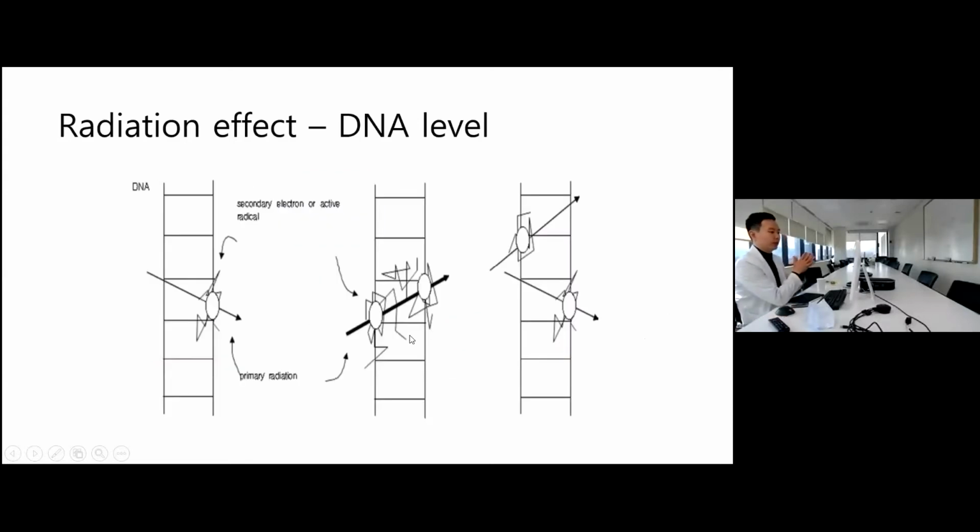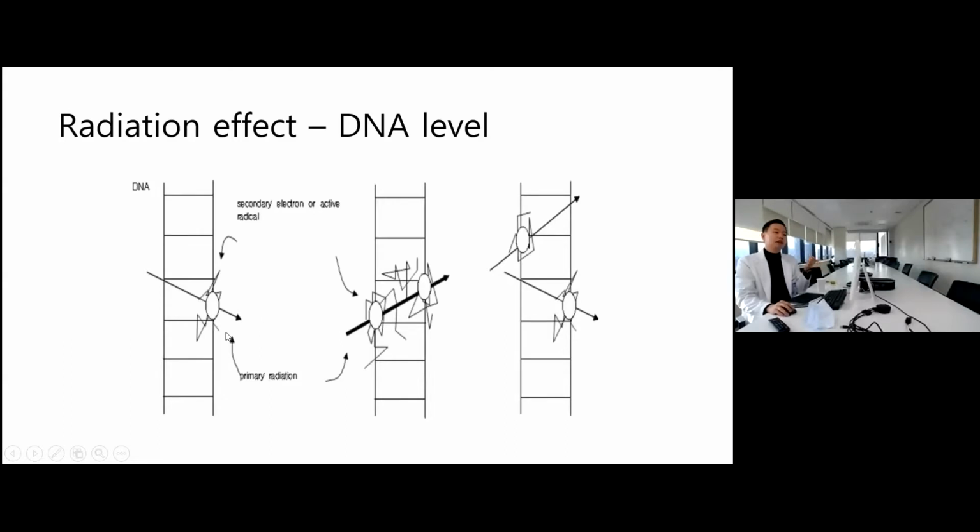So as you have seen from the indirect and direct effect, when radiation hits a cell, it may damage DNA inside the cell. But firstly, such damage can be repaired by inherent human body systems.